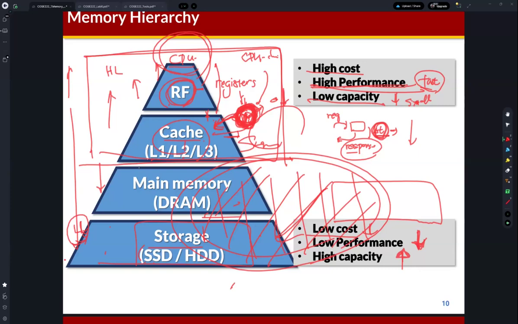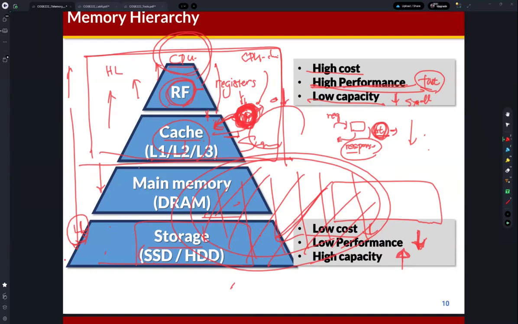I explained that if the memory size is large, then the performance is low, usually. For the high level memory, the capacity is low, but the performance is high. For the low level memory, like the storage or main memory, the capacity is high, but the performance is low. It's slow.